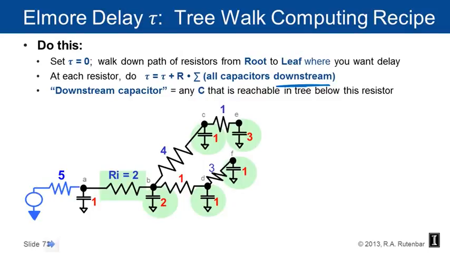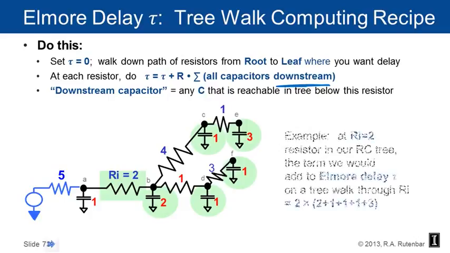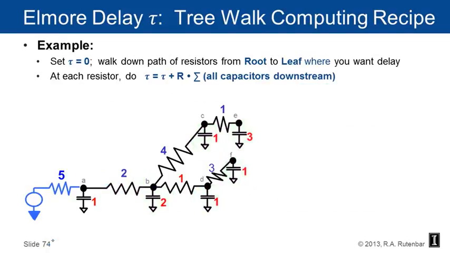You're going to add that term and keep doing this computation. So simple as that. So this is just the version in words. At Ri equal to 2, the resistor of the tree, the term we would add to the Elmore delay is 2 times (2 plus 1 plus 1 plus 1 plus 3).